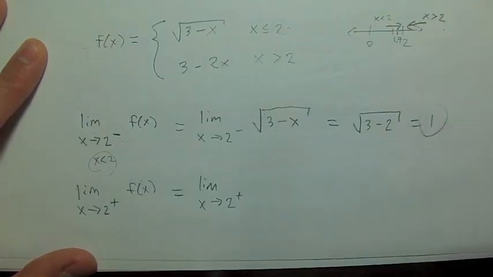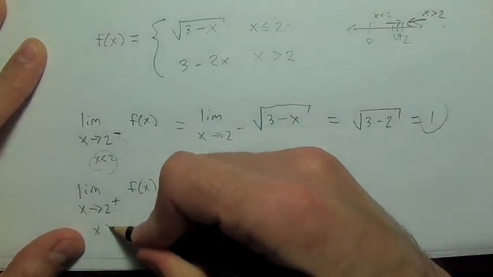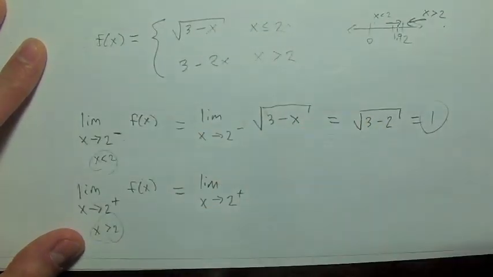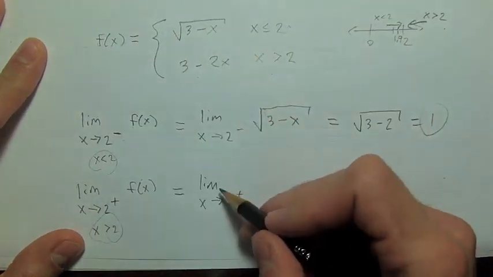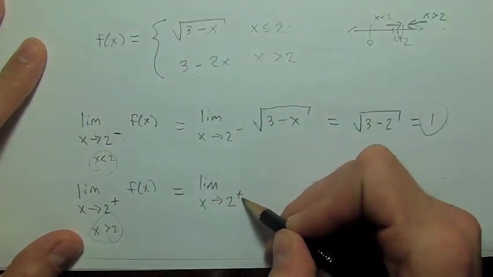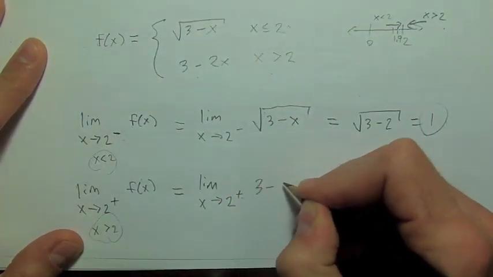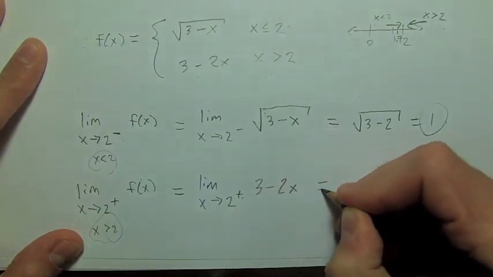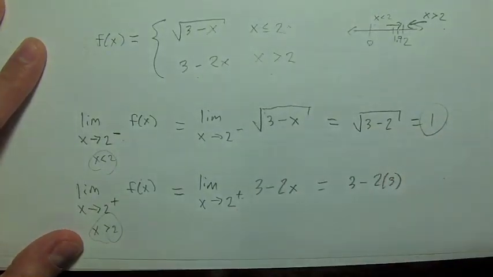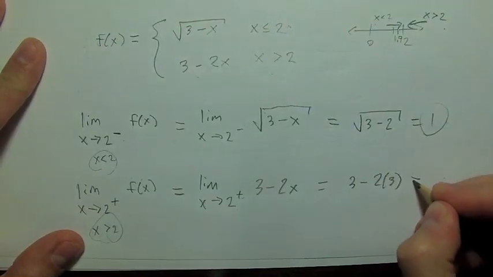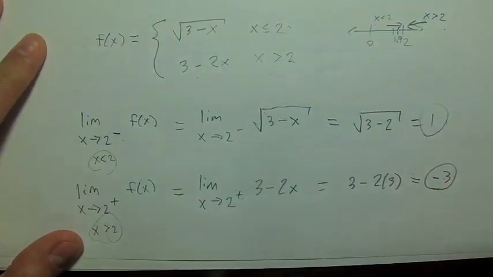That's when x is greater than 2. Okay. And that's going to be the bottom piece. So that'll be the limit as x goes to 2 from the right of 3 minus 2x. So that will be 3 minus 2 times 3, or 3 minus 6, which is negative 3.